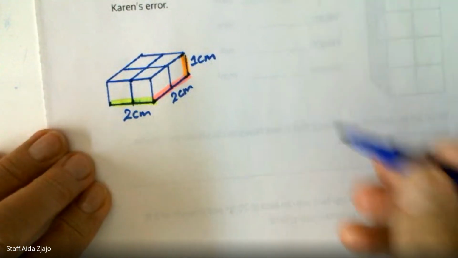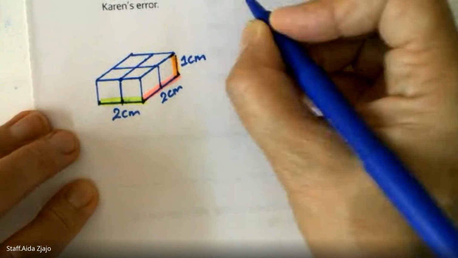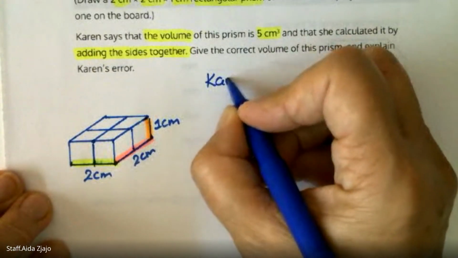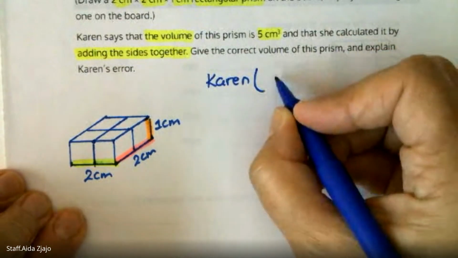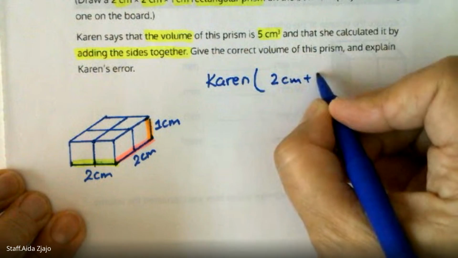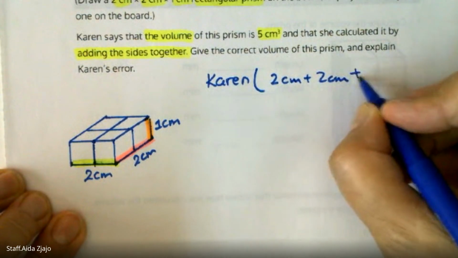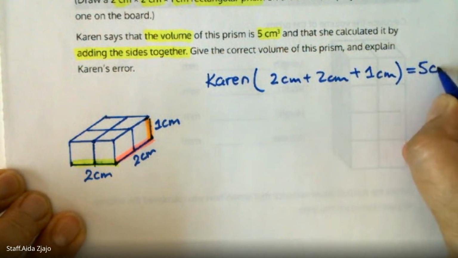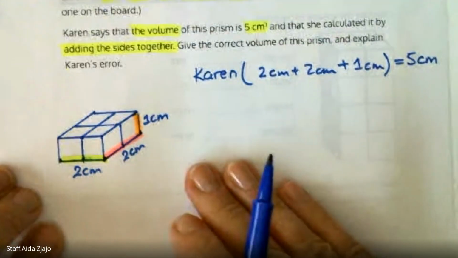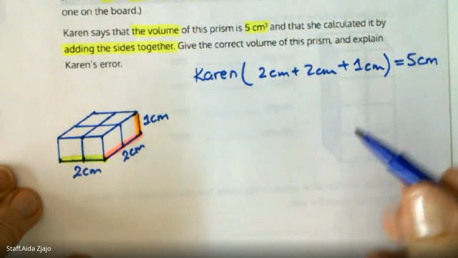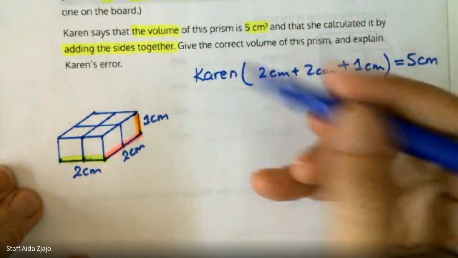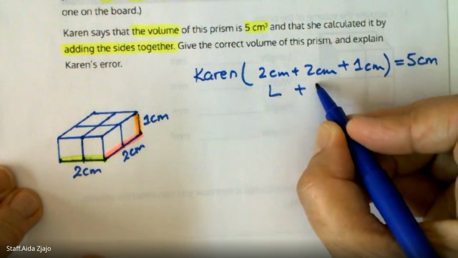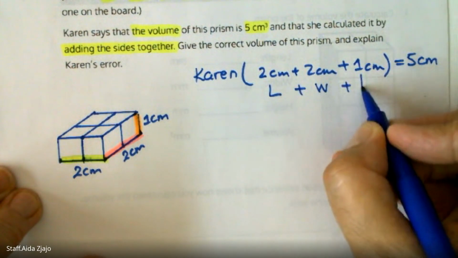So Karen was taking this. Karen added 2 centimeters plus 2 centimeters plus 1 centimeter, and she got 5 centimeters. So she was doing the same as when we are looking for perimeter. So she added the length and the width and the height.